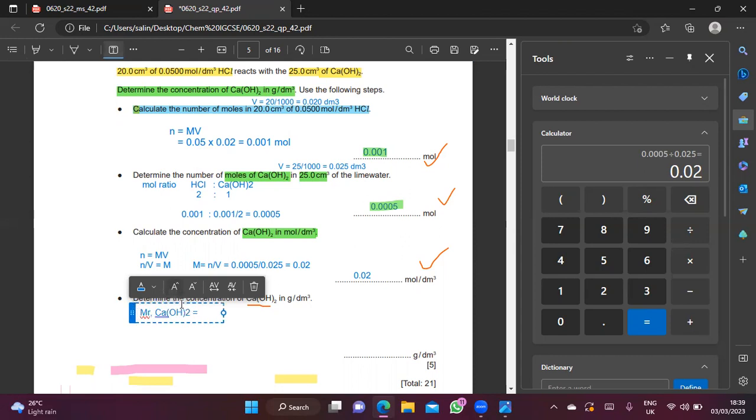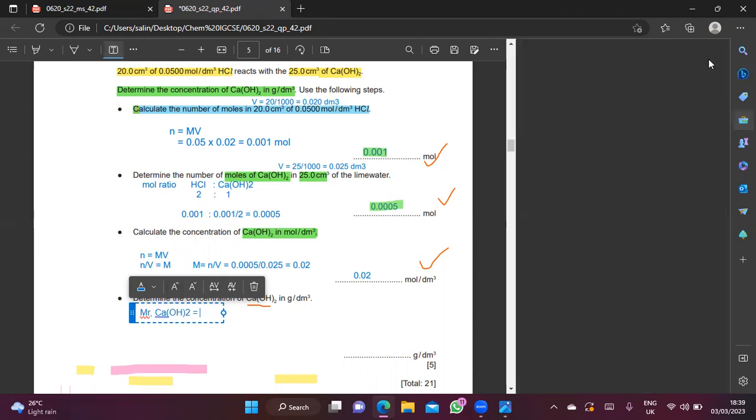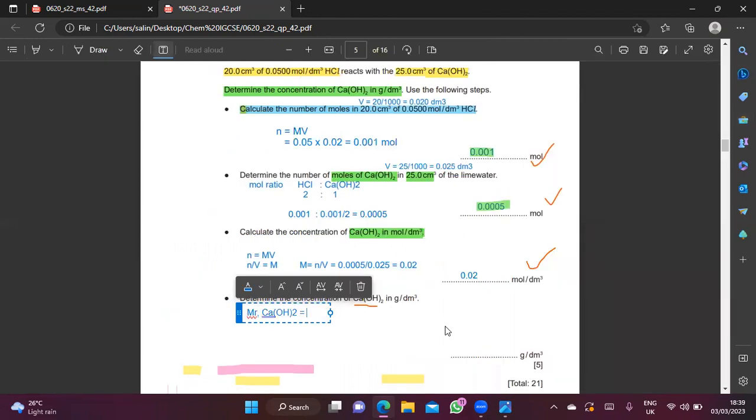Bismillah. What is actually the relative atomic mass for calcium? Anybody know? You don't need to memorize this. It's in the periodic table. I forgot as well. So, the mass number for calcium, let me check first from the periodic table.